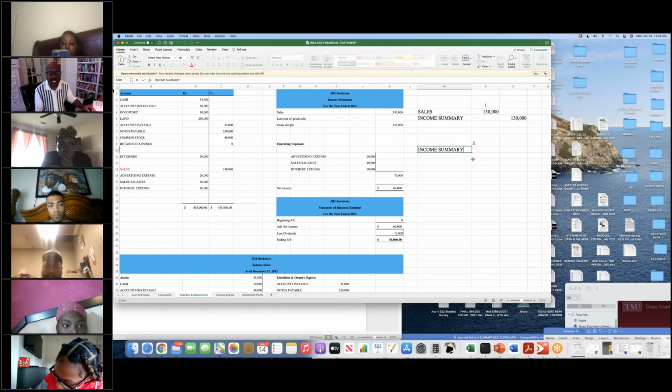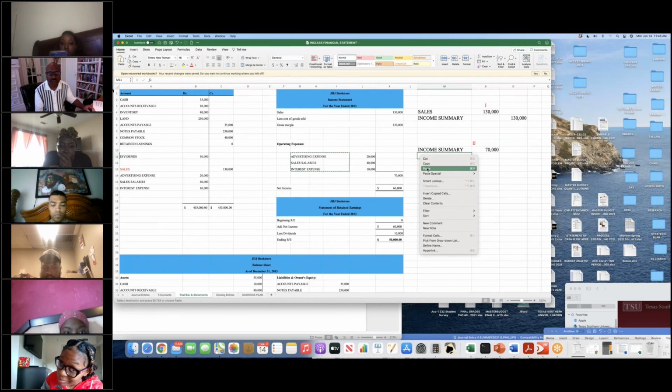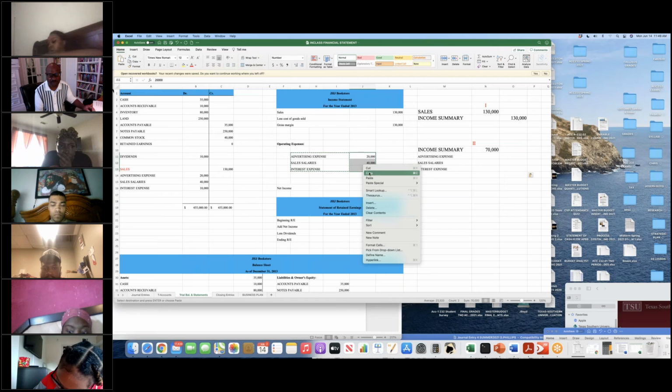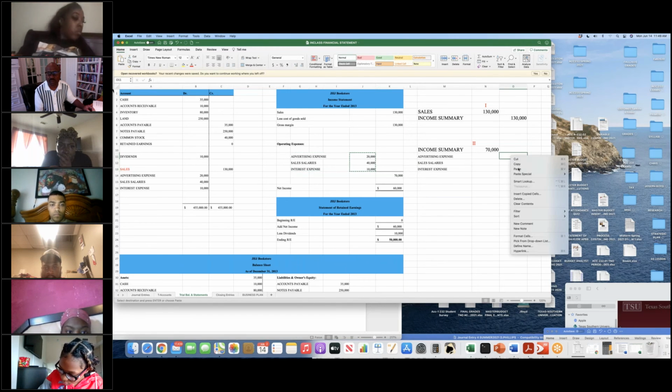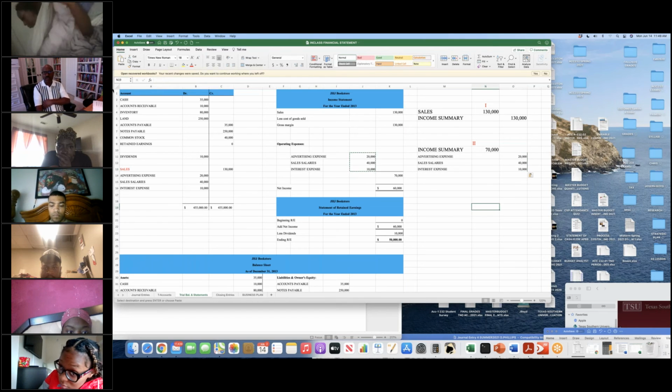And that's going to be the 70,000. Then we're going to credit these expenses to close them out. So that's closing entry 2, where we're closing out the operating expenses.